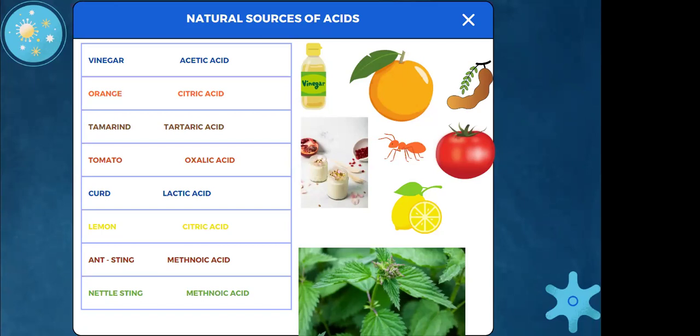So is vinegar something natural or something processed? I mentioned it among the natural acids. Any one of you, is it natural or processed vinegar?